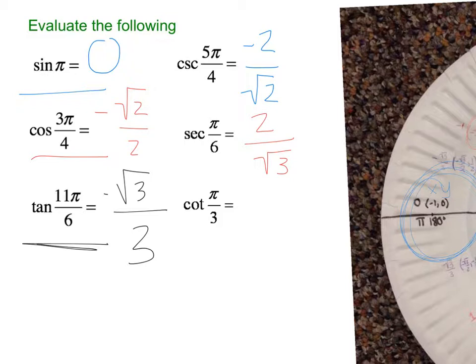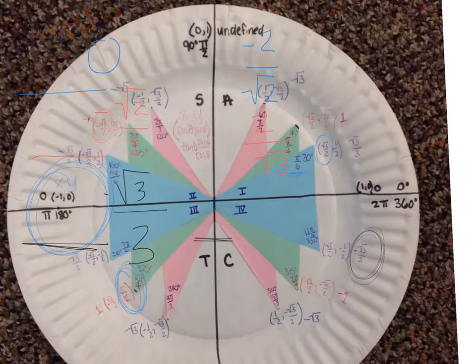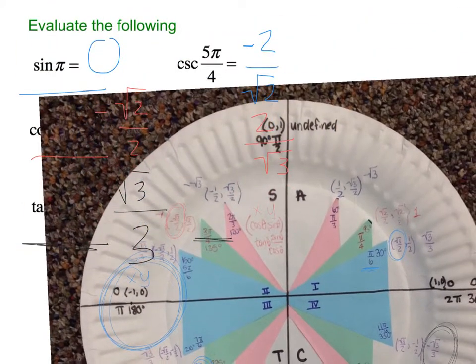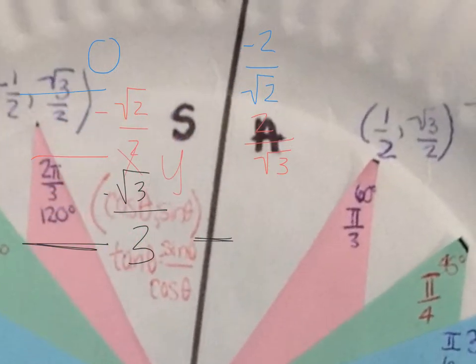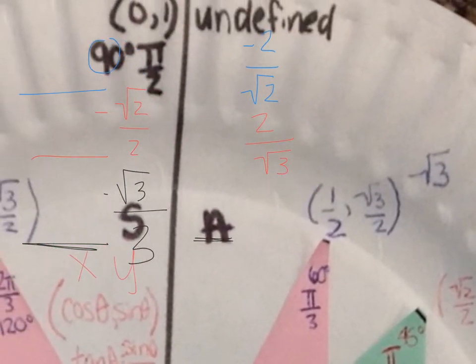And then the last one I have is cotangent of pi over 3, which I know cotangent goes with tangent, but it would be the reciprocal of that. So for the cotangent of pi over 3, I'll go to pi over 3 on my circle. And that's up there in the first quadrant.